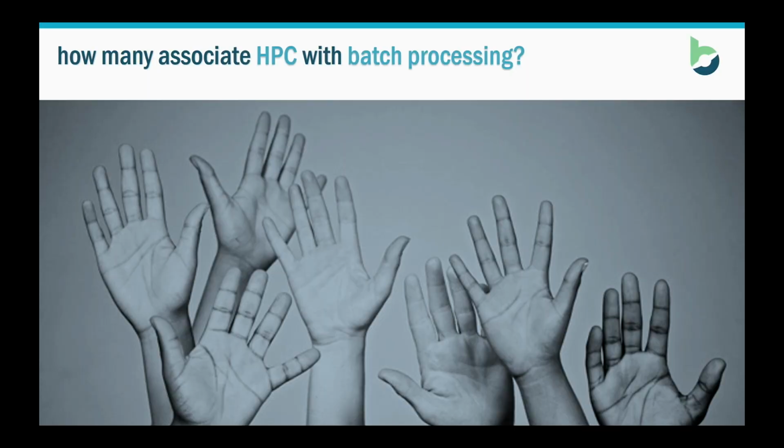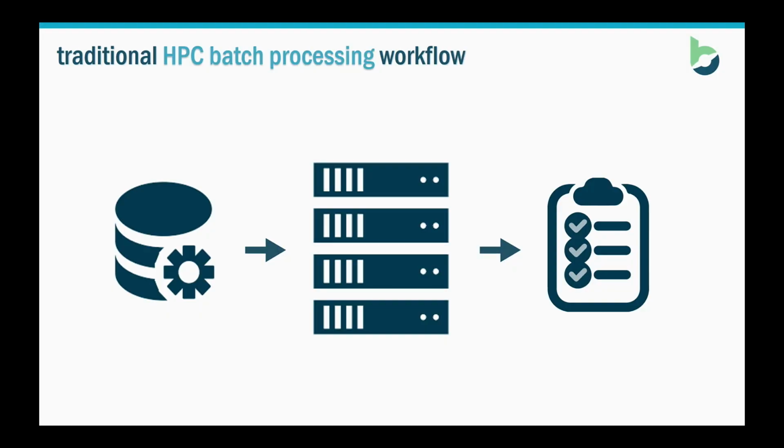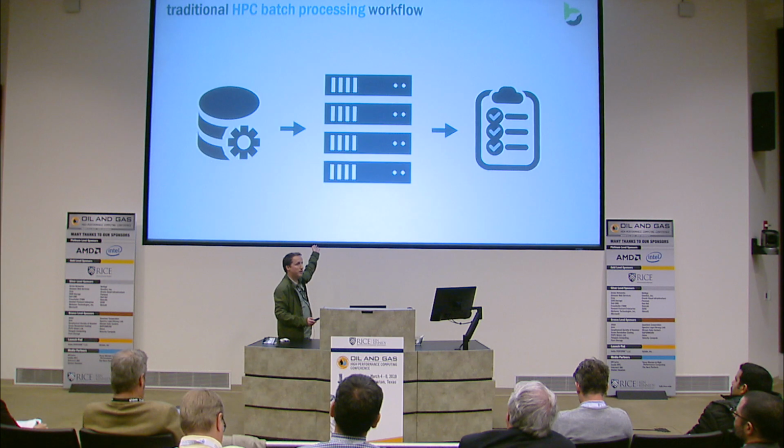So hands up for those who think the same, that HPC is batch processing. Okay, so let's first look at a traditional HPC workflow. We first have pre-processing of the data. We maybe have to copy it out to different nodes or copy it from cloud stores down to compute nodes. Then we have to run the job, and in the end, we QC the result.